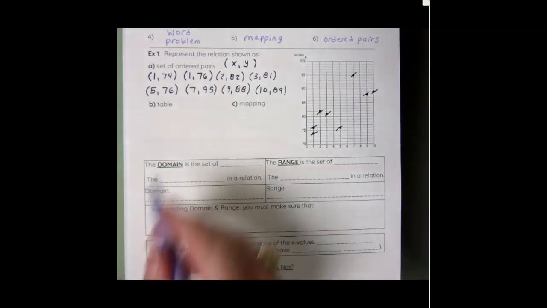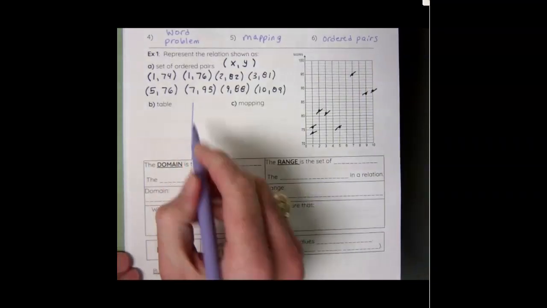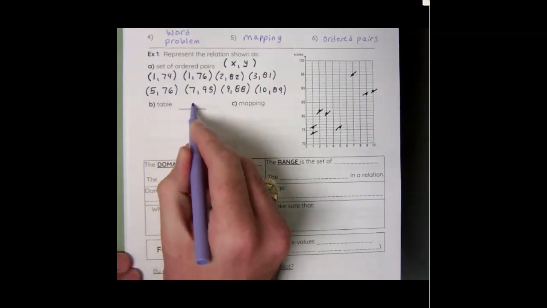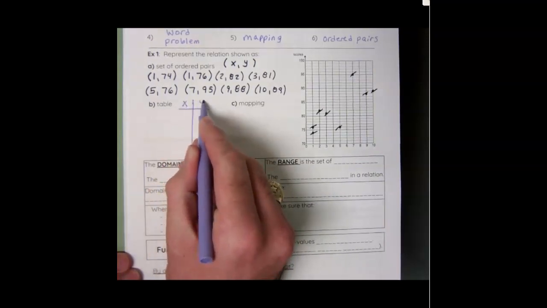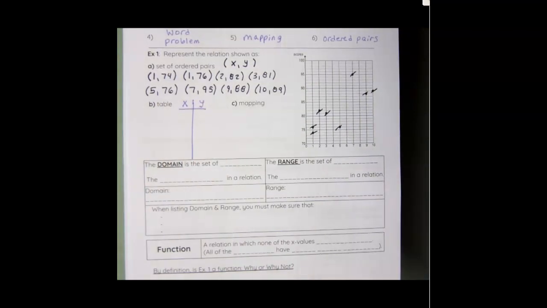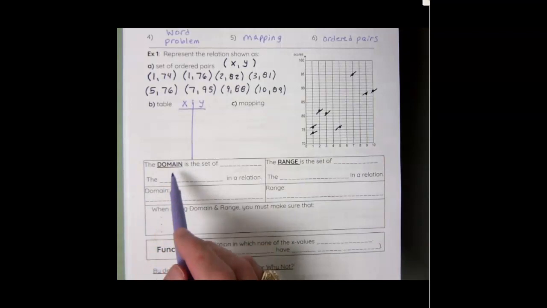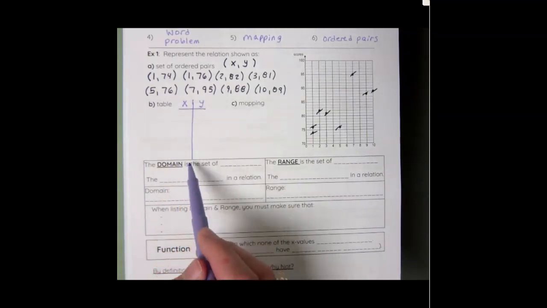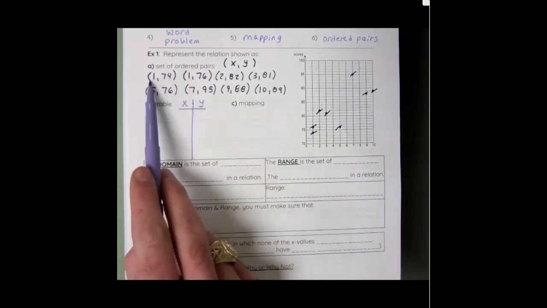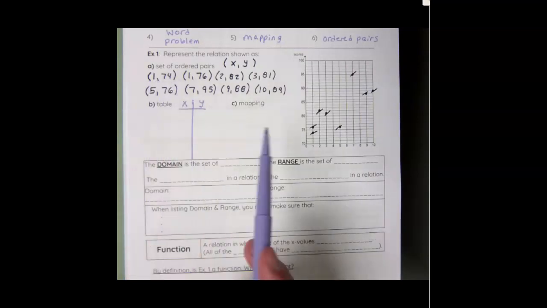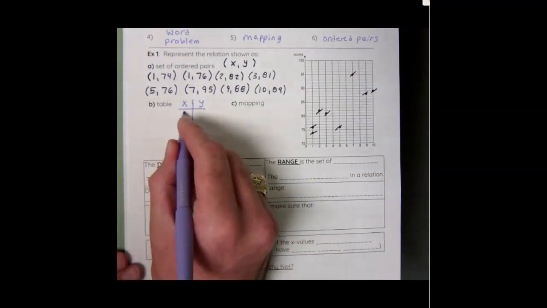Another way is through a table. This column would be x and this column would be y. Now we write all of our x values down in the x column and all of our y values in the y column. Whatever accompanies x, you write the y next to it. So our first x value is 1.